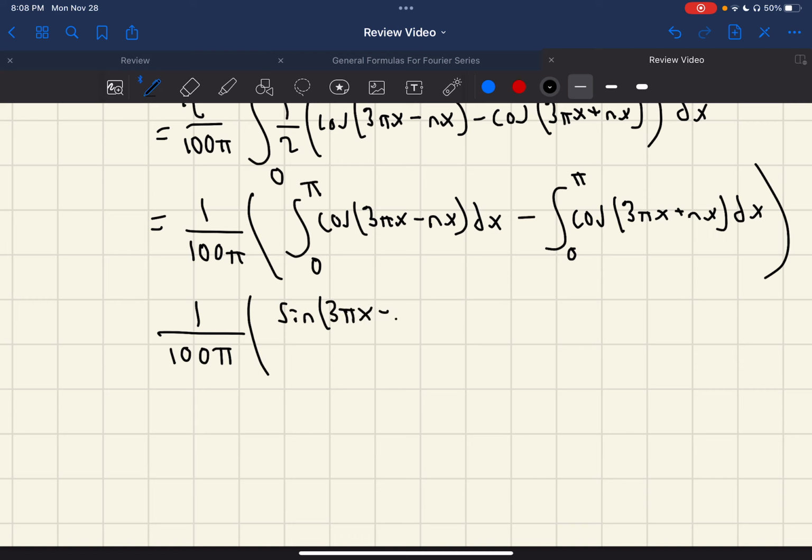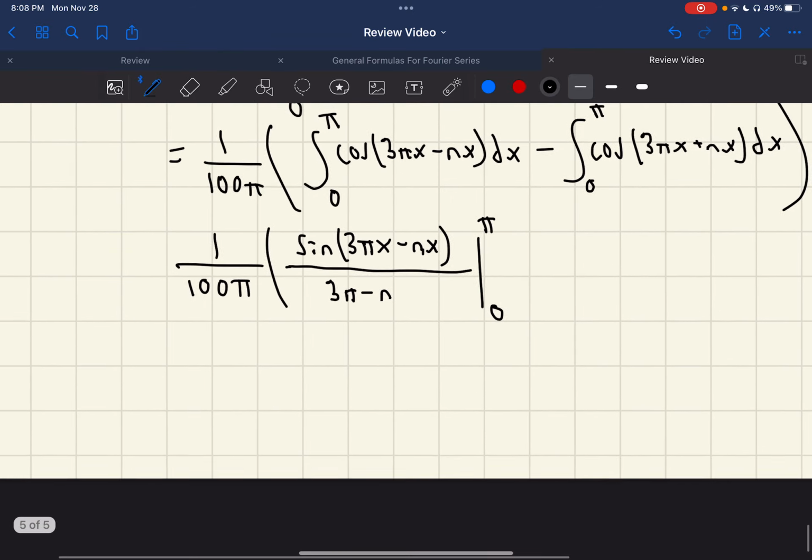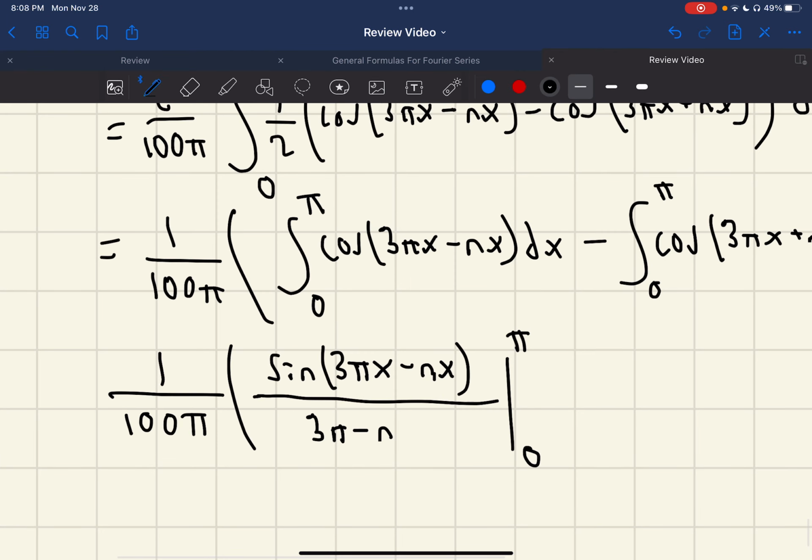So we have (3 pi x minus nx) divided by (3 pi minus n), from 0 to pi. If you were to take the derivative of this fraction, you would find that it equals the same cosine function from before.